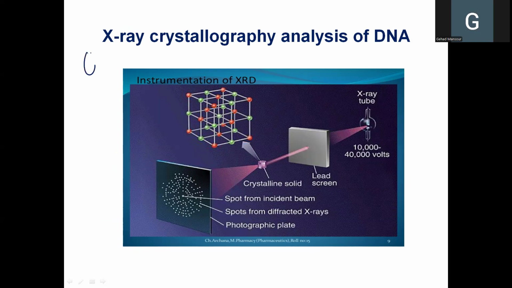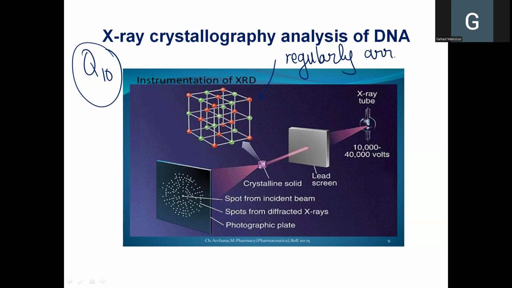So what's the scientific idea of X-ray crystallography analysis of DNA? The idea is that whenever you have a crystalline substance, this means that the atoms inside are regularly arranged. And of course, now we know that the molecule of DNA is regularly arranged.